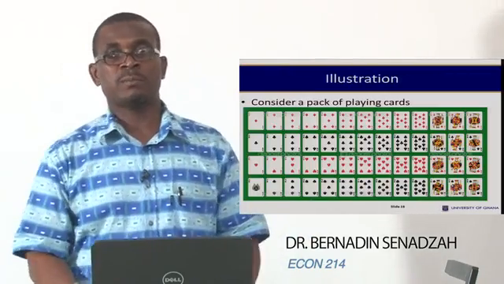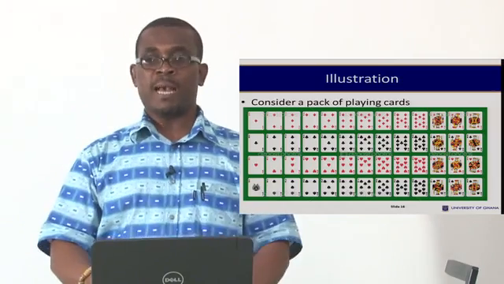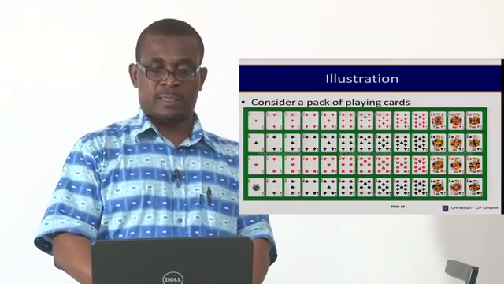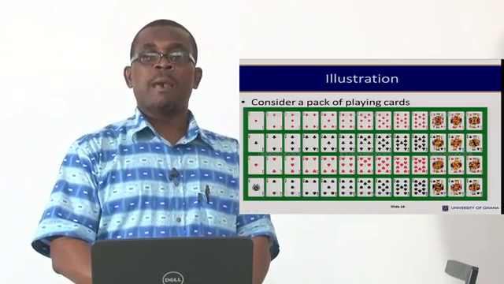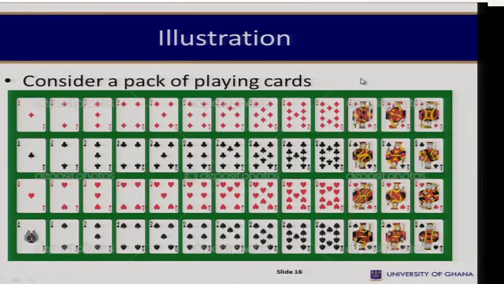Let's illustrate. Let's use playing cards. I'm sure some of you like playing cards. Now let's consider a pack of cards. We know there are 52 of them, and they are grouped into the diamond, the club, heart, and spade.